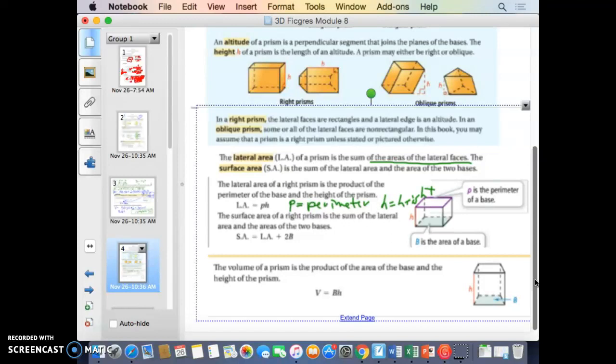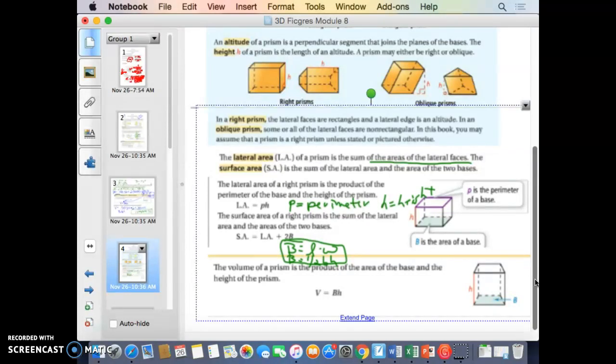If the base is a rectangle, B might equal length times width, or B could equal 1/2 base times height if it's a triangle, and so on. It depends on what your prism is, which formula you use for B. And volume is just base times height, whatever base you have, times the height.